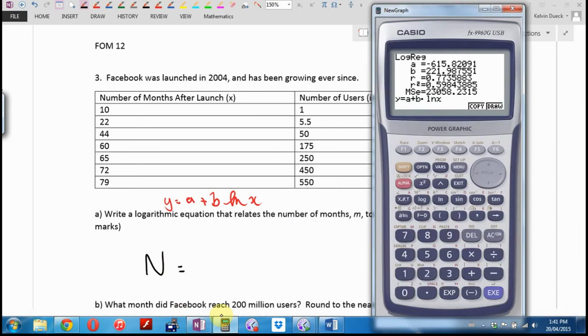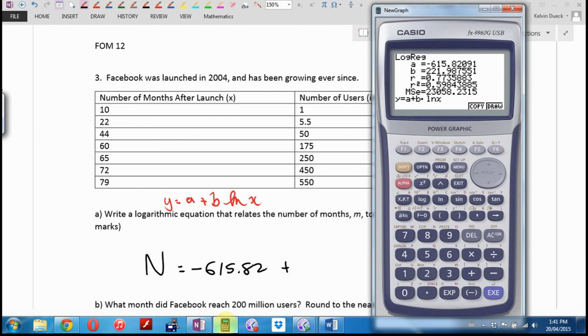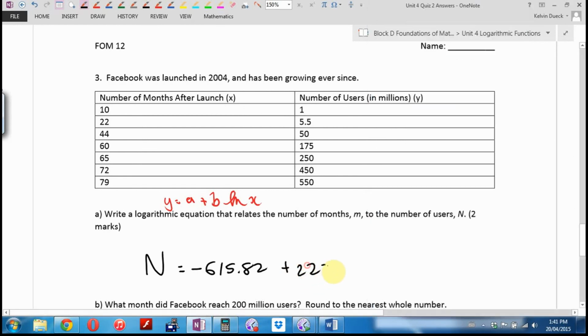Negative 615.82, plus... What's B? 0.98, 222 ln m. Again, 1 mark for that, 1 mark for that.